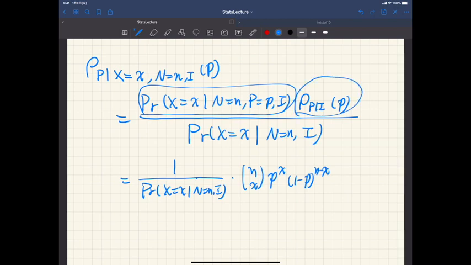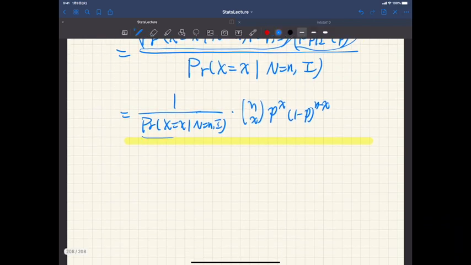And this part is just 1, since it's a uniform distribution. So this is the density function, the posterior density function of our model.